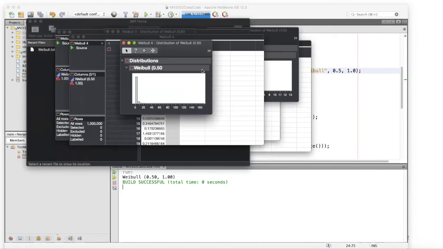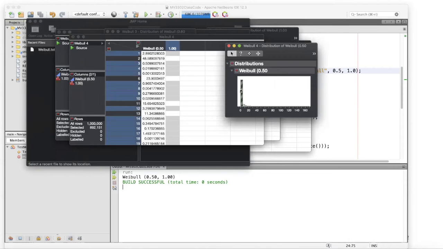Okay, we see in this that almost 892,000 out of 1 million observations are in that first bin between 0 and whatever that is.